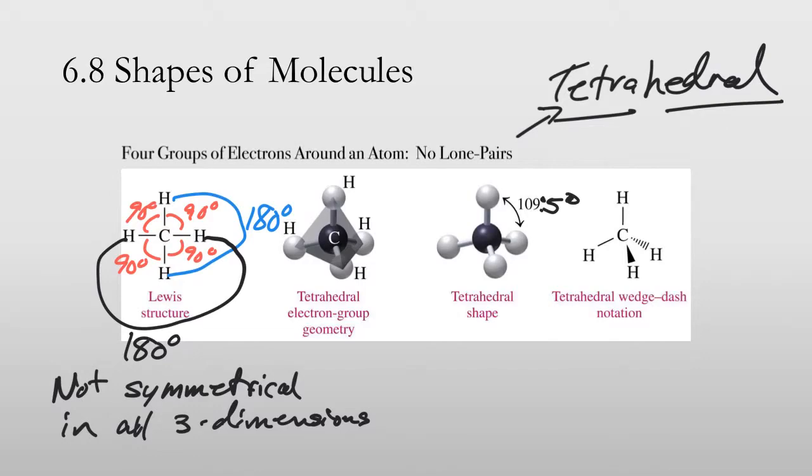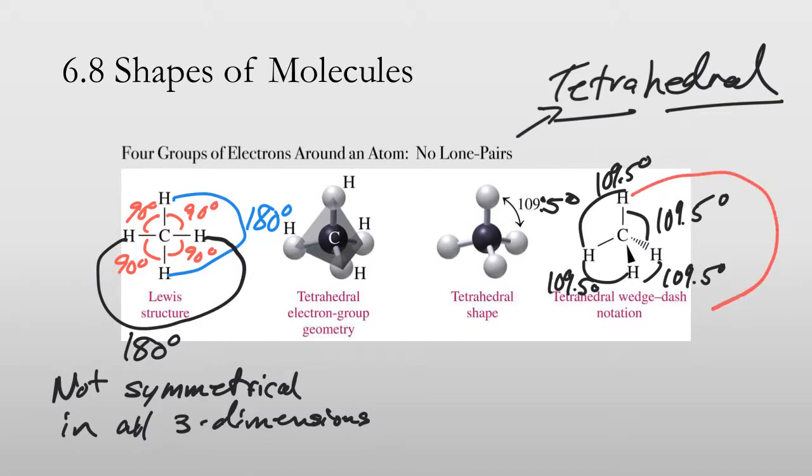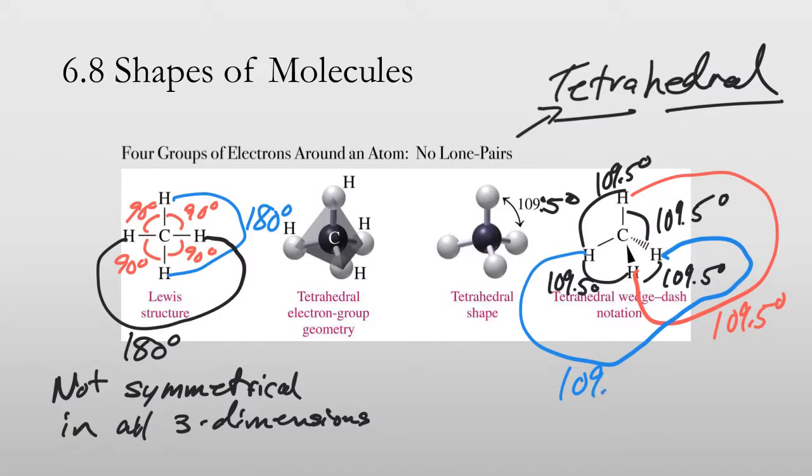So you have right here 109.5 degrees, between these two 109.5 degrees, between those two 109.5 degrees, between these two 109.5 degrees, but you also have this hydrogen to that hydrogen being 109.5 degrees, and this hydrogen to that hydrogen is 109.5 degrees. So this one is symmetrical in 3 dimensions.